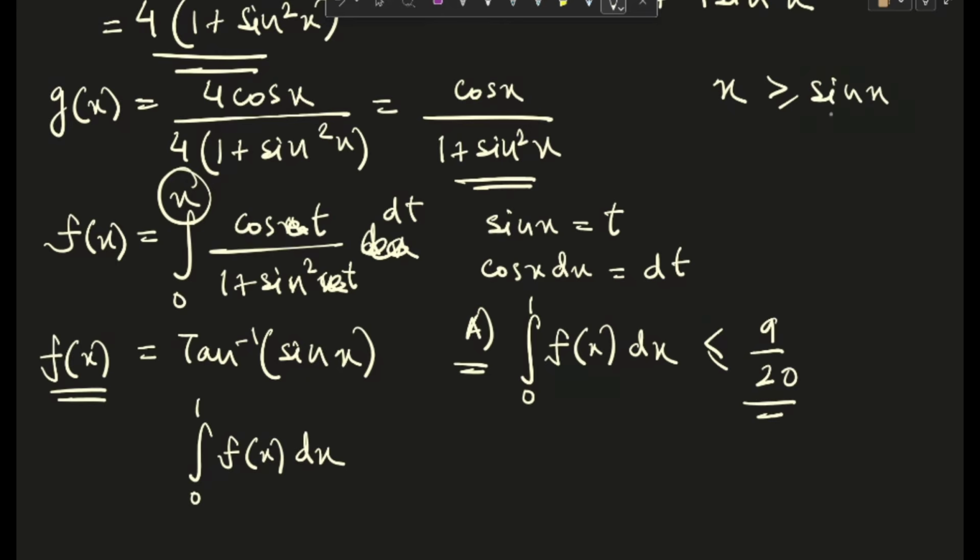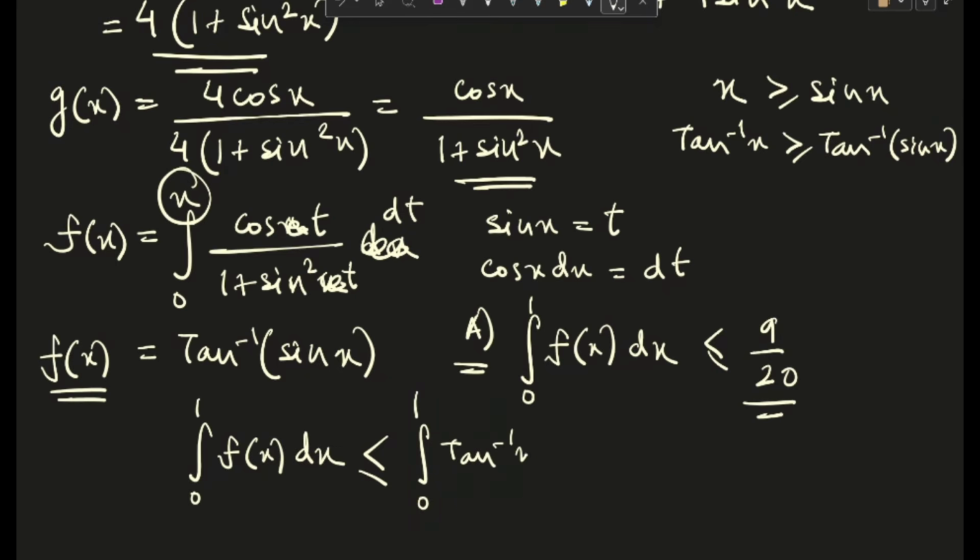Okay, why equal to? Because there is a case of x equal to 0. So what we can say is your tan inverse x will be always greater than or equal to your tan inverse of sine x. I hope this is clear. So actually we can write this as less than or equal to integral 0 to 1 tan inverse of x dx, because we have tan inverse sine x here.